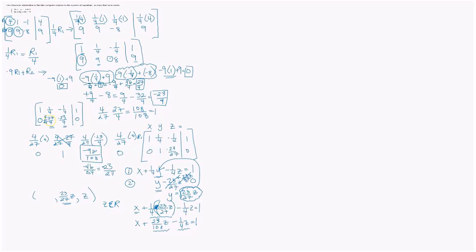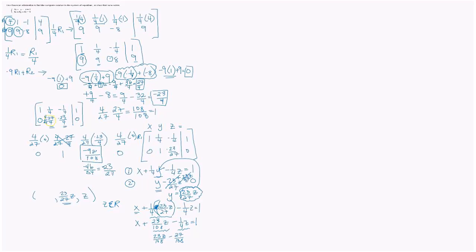So 23z over 108 minus 27 over 108z, because that's 1/4. 27 divided by 108 equals 1/4. All I did there is say 108 divided by 4 will give me 1/4 of the 108. So that's how I did that.